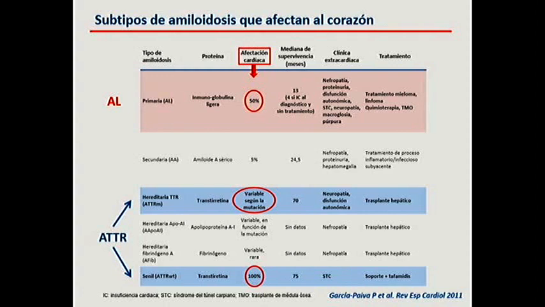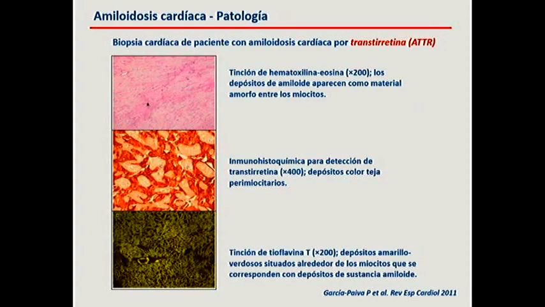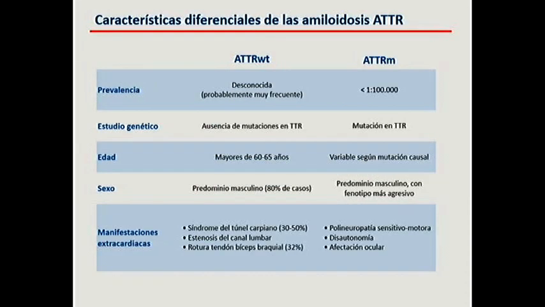For some reason, it begins to deposit amyloids in the heart, beta amyloids, and as you study patients that are older, the prevalence increases. The same happens with ATTR in the heart of these patients. These are some of the images from histopathology. We will not stop here.